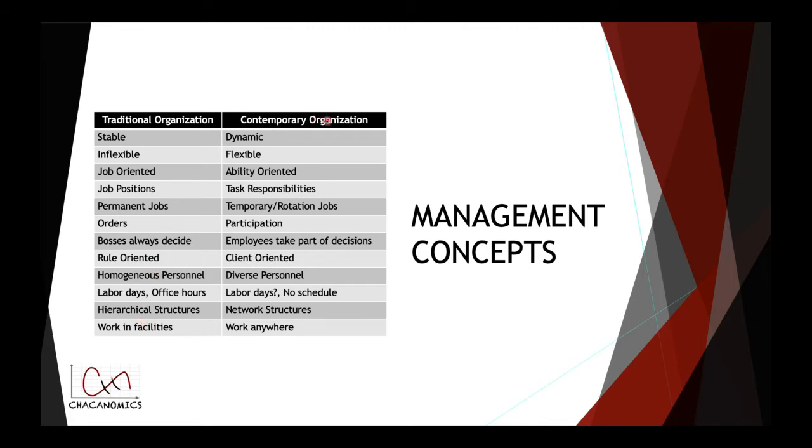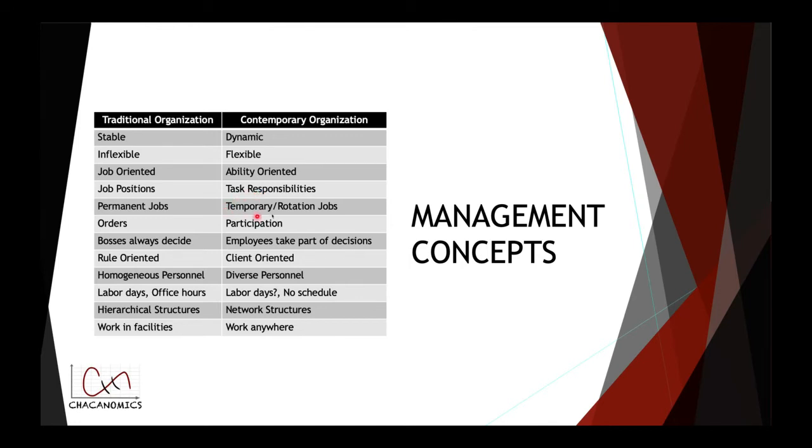However, contemporary organizations are very different. They're dynamic, they're flexible with their work schedules, with their processes. They're ability oriented. Hence, they focus on task responsibilities, not necessarily jobs. So you, for example, can work with different departments or different positions depending on the abilities and capabilities you have.